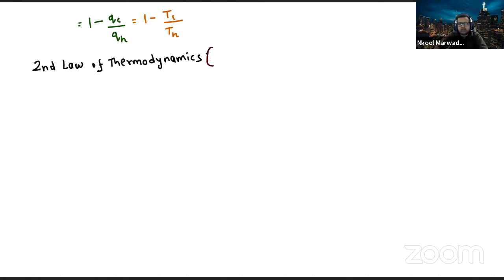Engine statement means these statements mainly focus on heat engine.